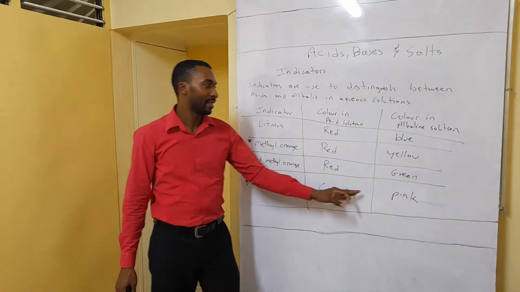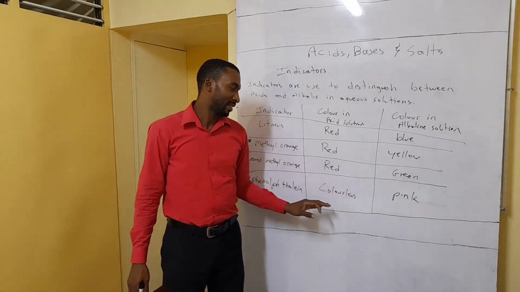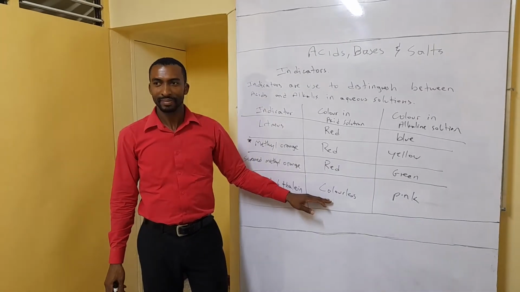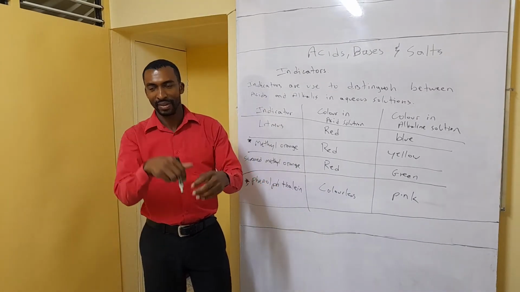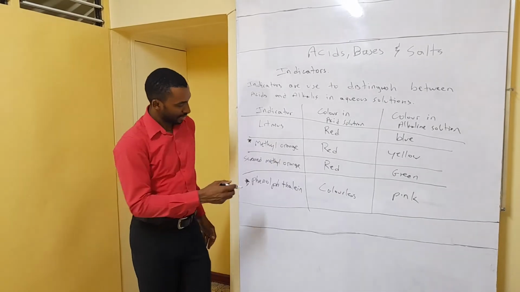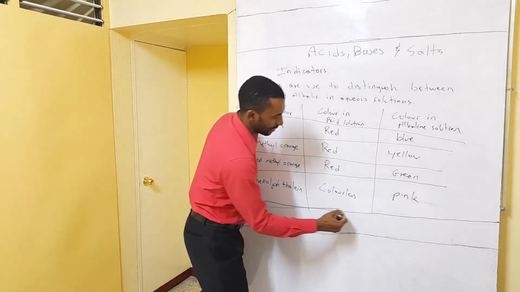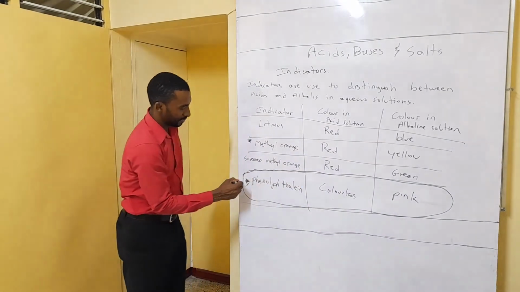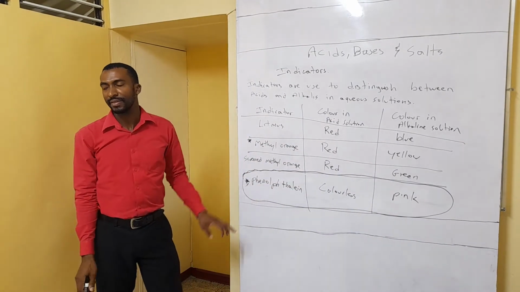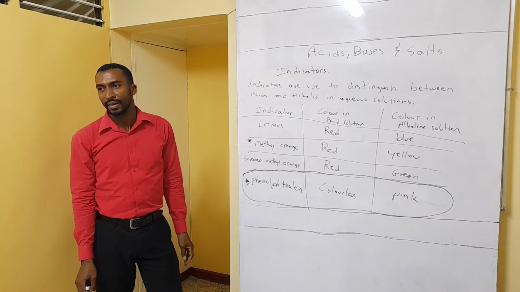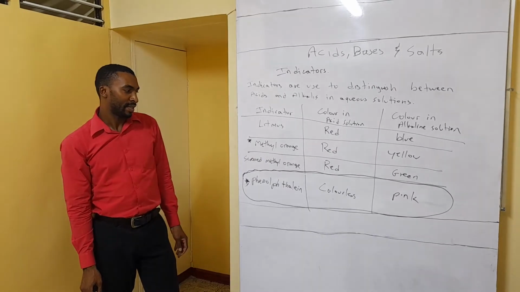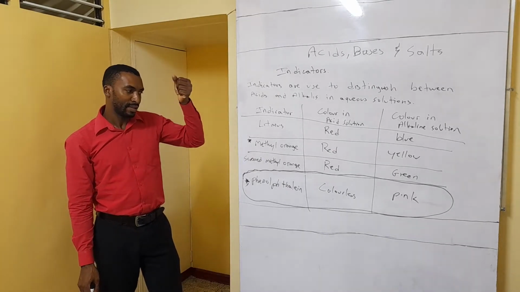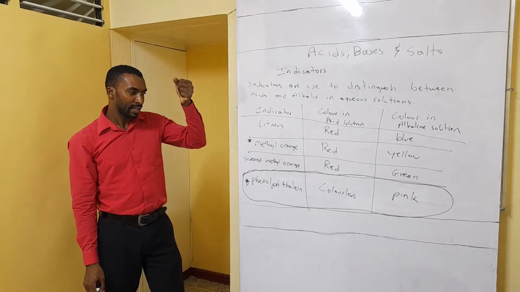They love this one because at the end point, the solution changes from colorless to pink sharply. It's very common for the practical paper. Definitely they're going to have the acid in the burette.